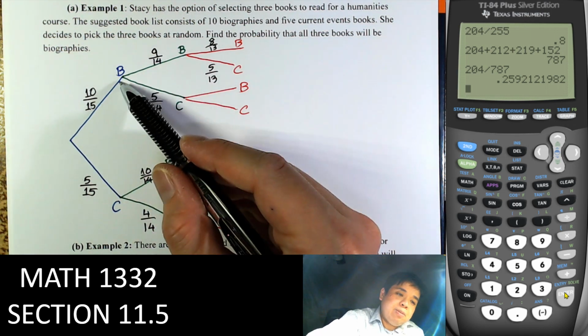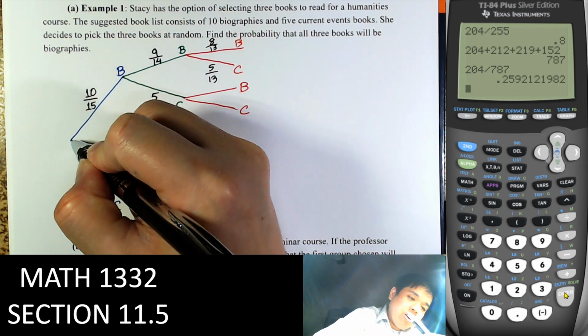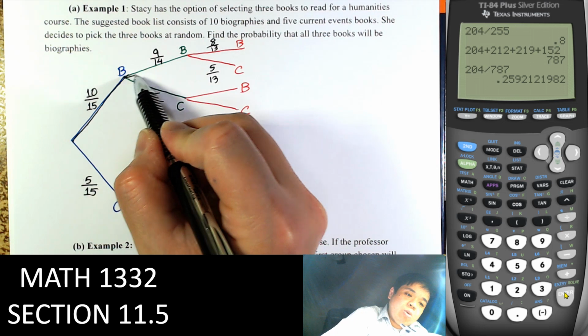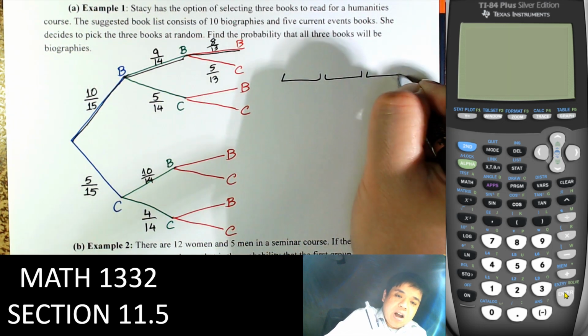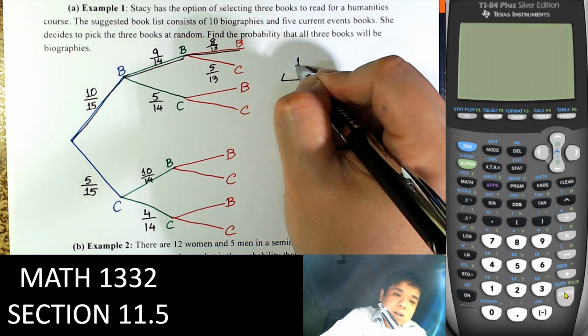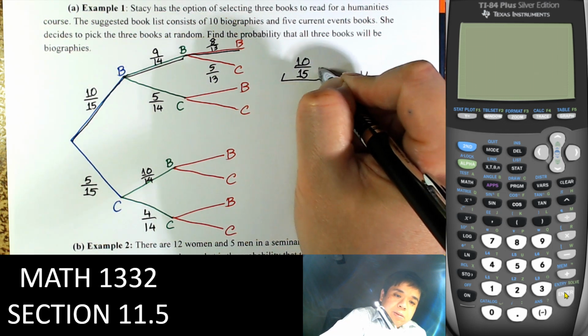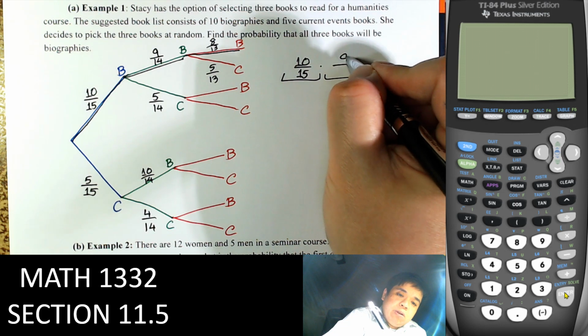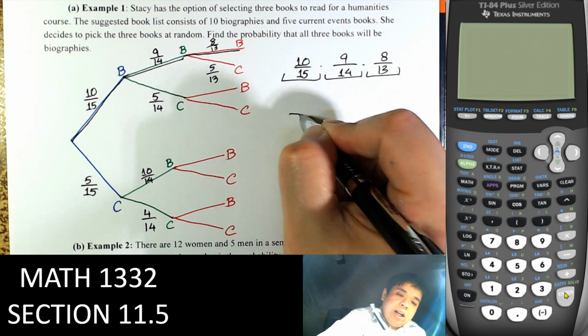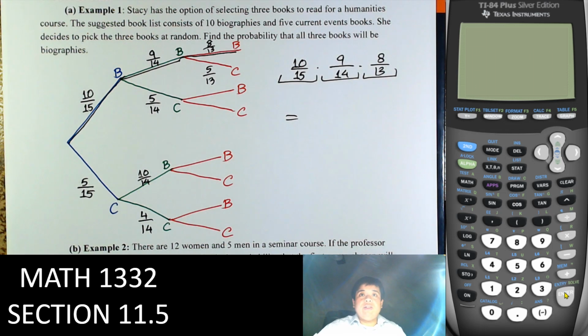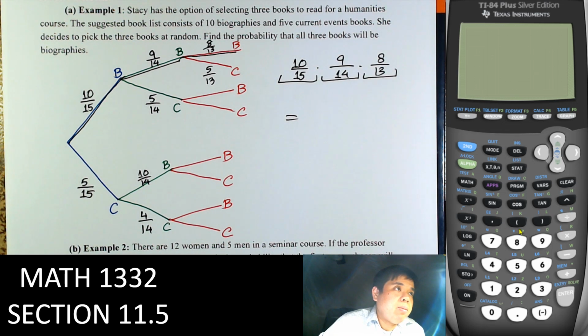So for this path, all we do is trace along it: biography on the first one, on the second one, and on the third. Or we write it in slots. The first biography book is 10 over 15, and then 9 over 14, and then 8 over 13. Again, I multiply straight across on the top, and divide by multiplying straight across the bottom.